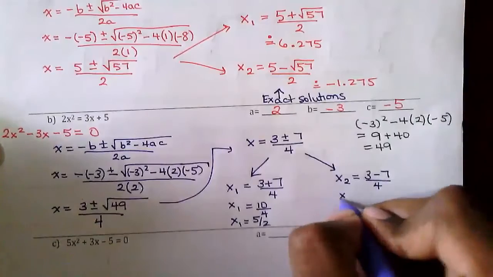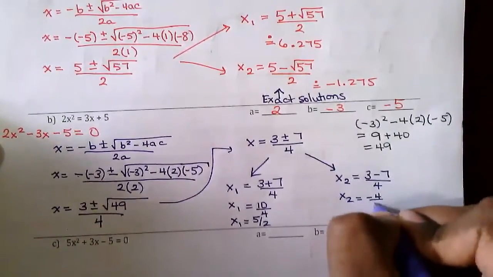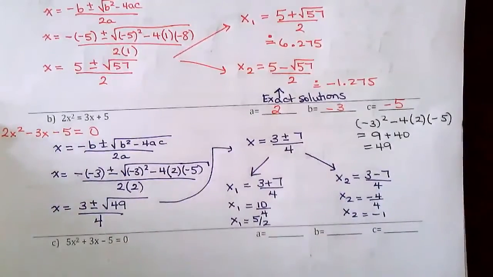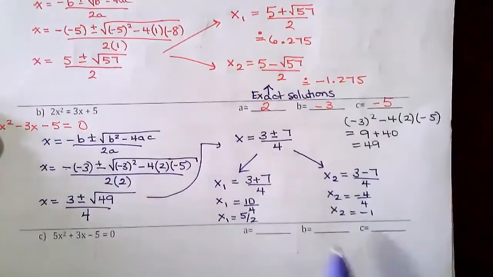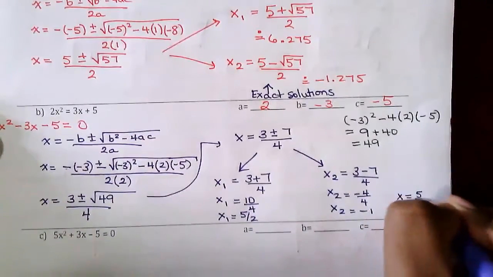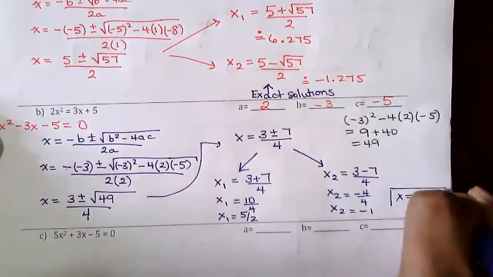And here I have x2 is equal to negative 4 over 4. So x2 is equal to negative 1. So ultimately, my two solutions here are 5 over 2 and negative 1. So x is equal to 5 over 2 and negative 1.